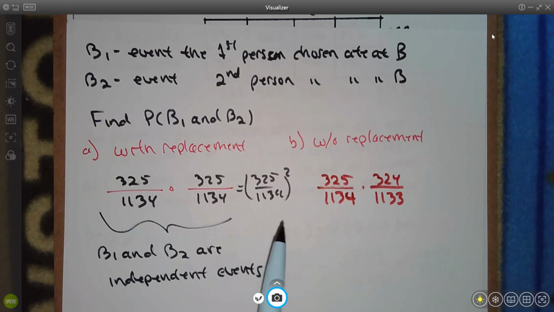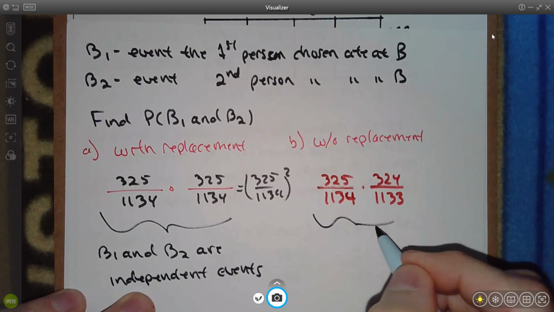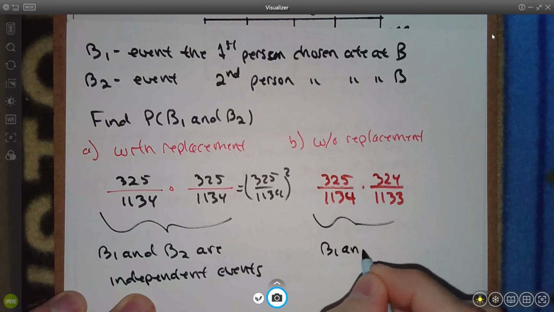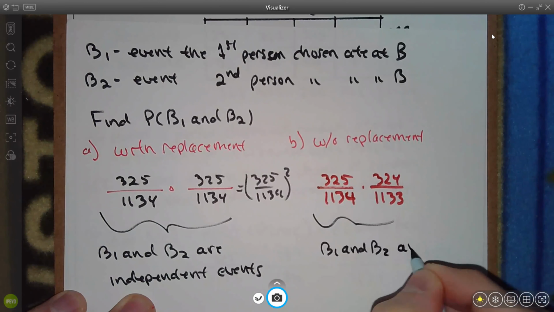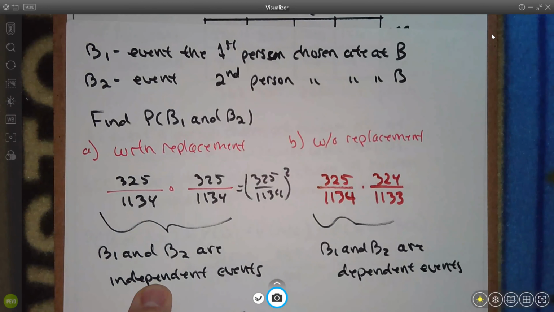They're both the same. Now over here, things are different. B1 and B2 are dependent events. If you're not independent, you're dependent.